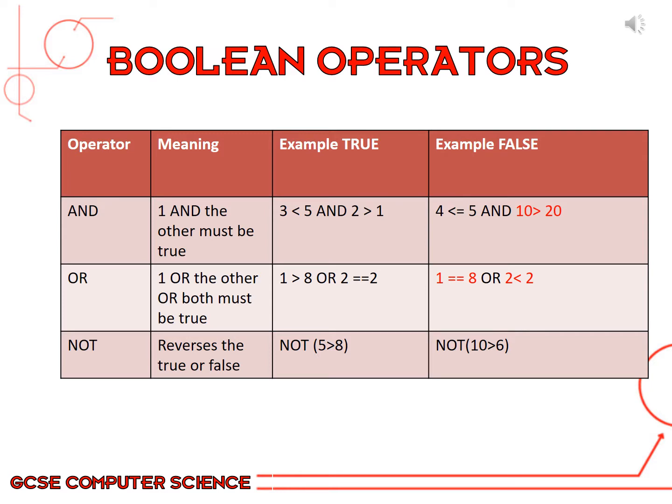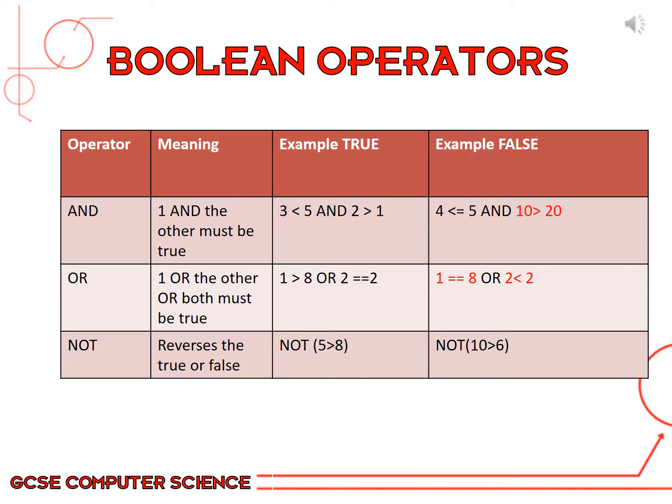So here's an example of some of the Boolean operators. And the basic Boolean way of understanding this is that one and the other must be true. So if you're comparing two particular comparisons, both of those need to be true for your output to be true. So in this particular case, 3 is less than 5 is true, and 2 is greater than 1 is true.